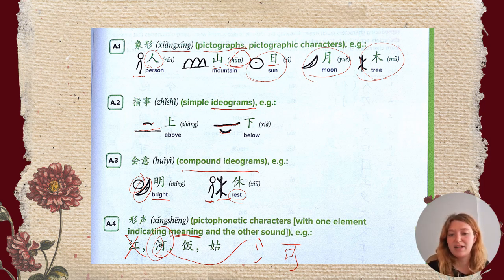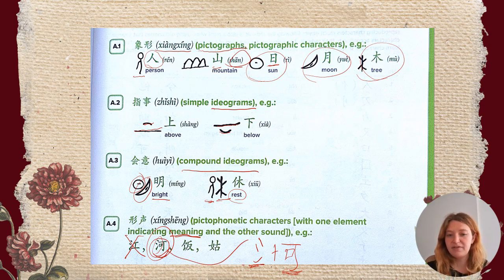And that gives you some idea of the sound. So when we add them together, we get this character, which is actually pronounced 河, and it means river. So it has something to do with water, and we have some indication of the pronunciation. 可 becomes 呵, so it's a different initial, but it has that same vowel sound, and it gives us this word 河, meaning river.